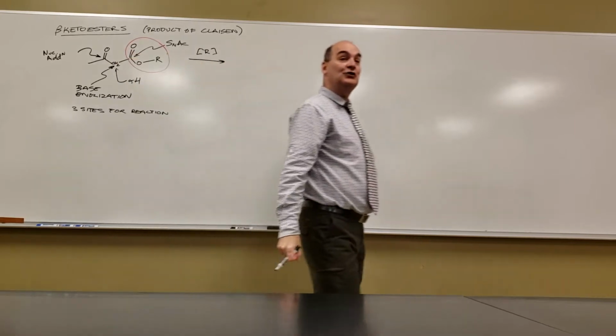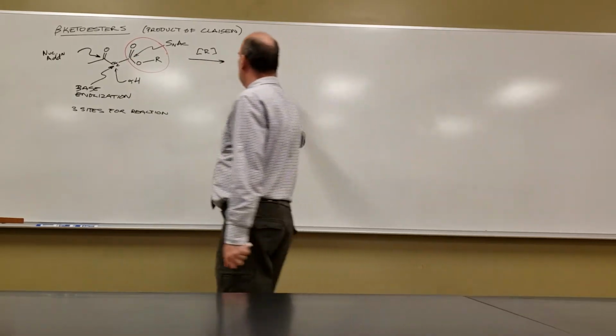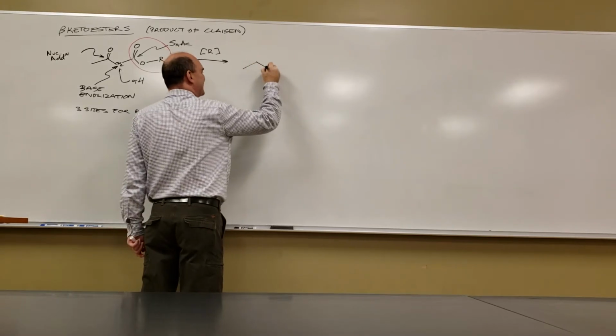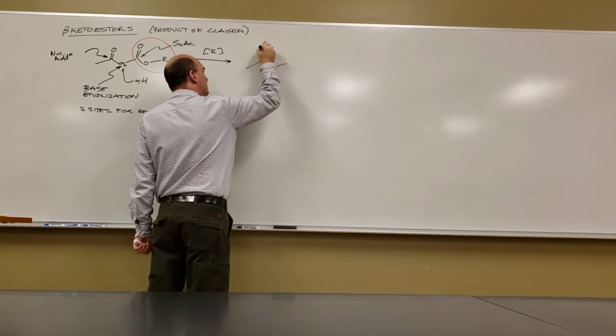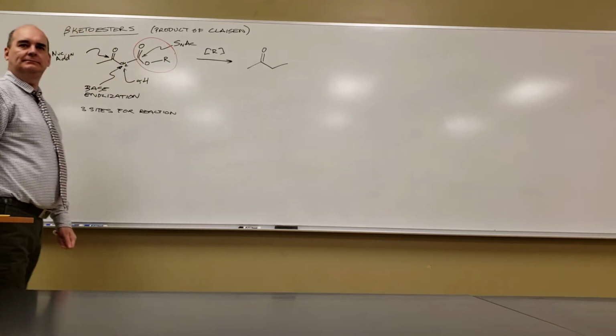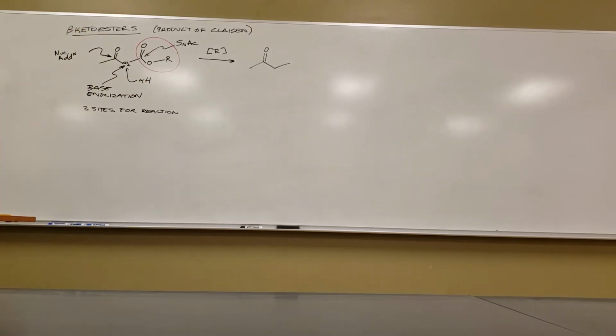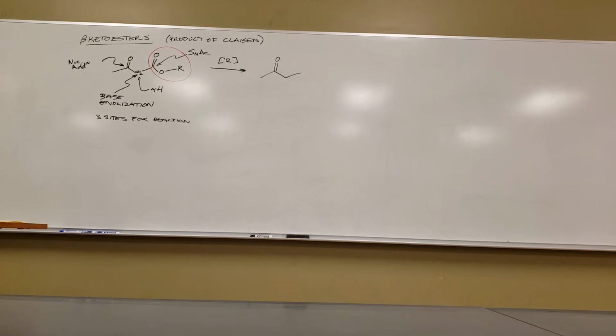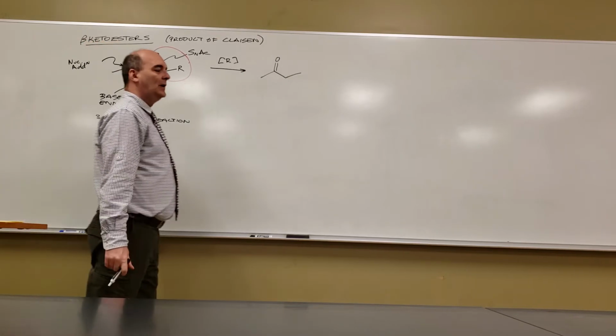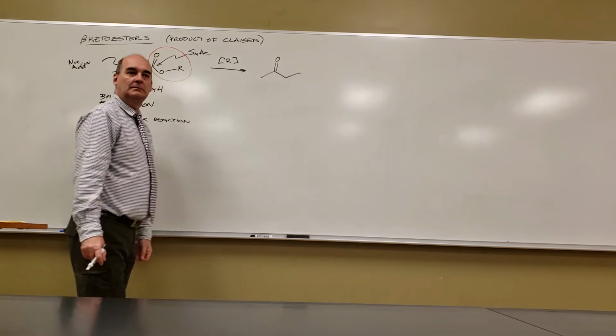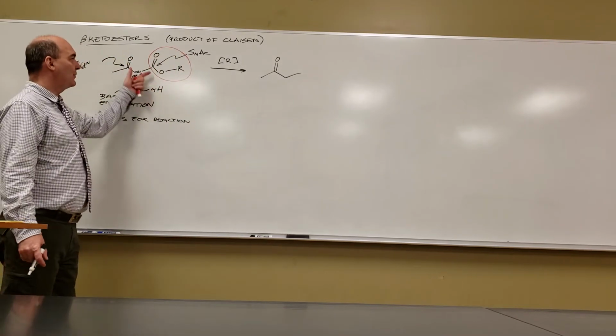Let's say I wanted to reduce that ester so that instead of having a beta-keto ester, if I reduce an ester, what do I make? What's the reduction product of an ester? An alcohol. What kind of alcohol? Don't overthink it. What flavors do alcohols come in? Primary, secondary, and tertiary. It's an ester. What type of alcohol is it going to be? Primary.